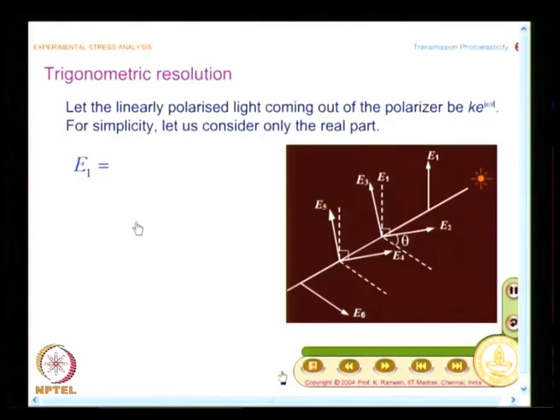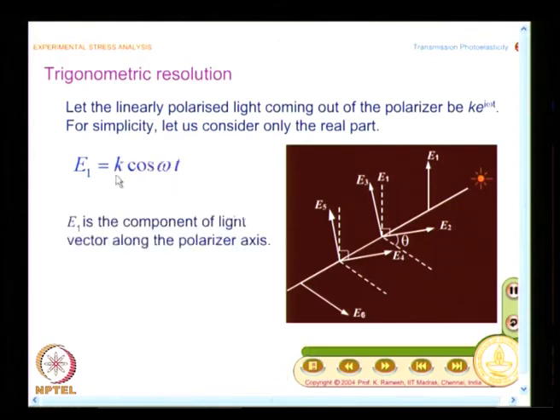We will see how we do the trigonometric resolution. We will simply write E1 as k cos omega t. So, I have an amplitude k and cos omega t, and you have to recall, when we discussed retardation plates, this is the input polarized light that hits the model.